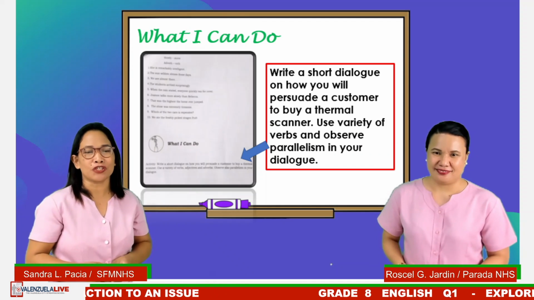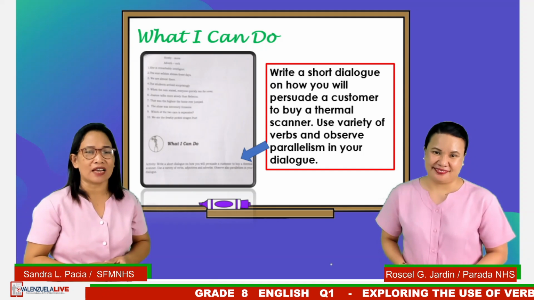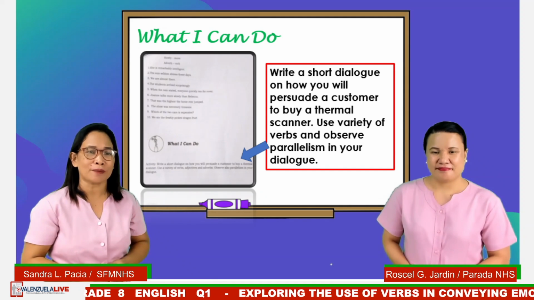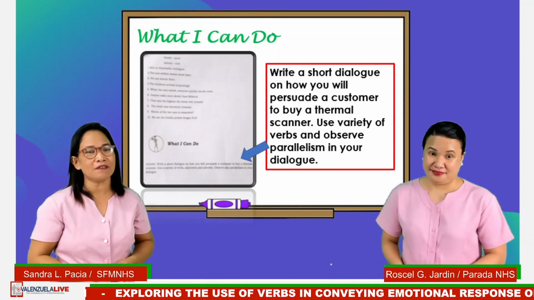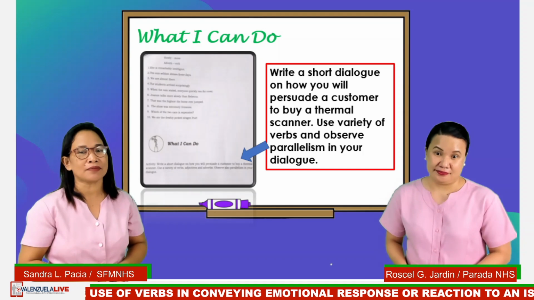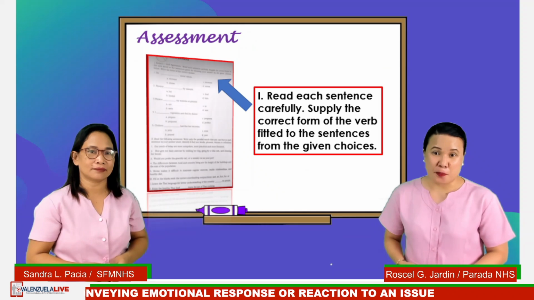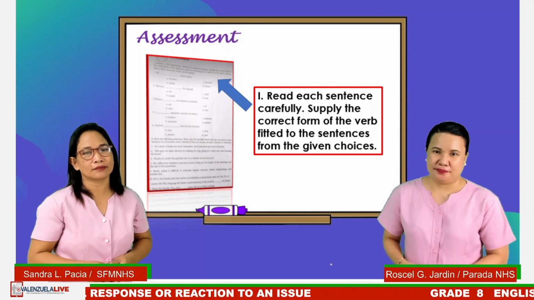Under the What I Can Do activity, you are going to write a short dialogue on how you will persuade the customer to buy a thermal scanner. Use a variety of verbs, adjectives, and adverbs. Observe also parallelism in your dialogue. For the assessment, part 1, subject-verb agreement.